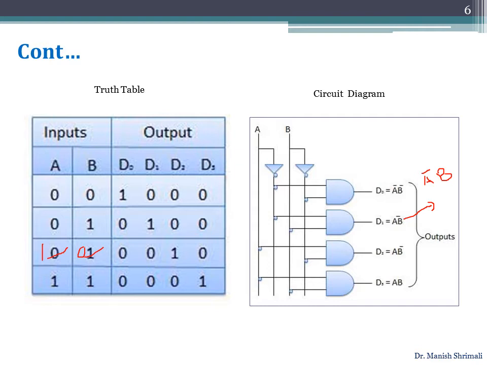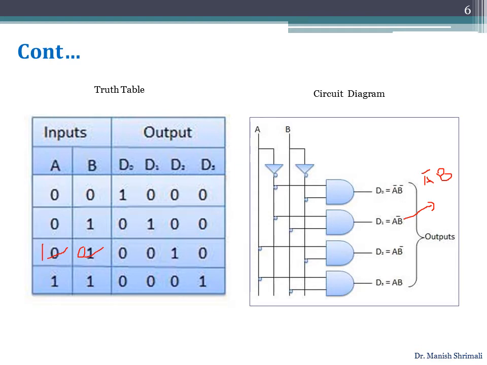This is the truth table, in which we have A and B as inputs and D0, D1, D2, D3 as outputs. When both A and B are 0, D0 is high. When A is 0 and B is 1, D1 is high.